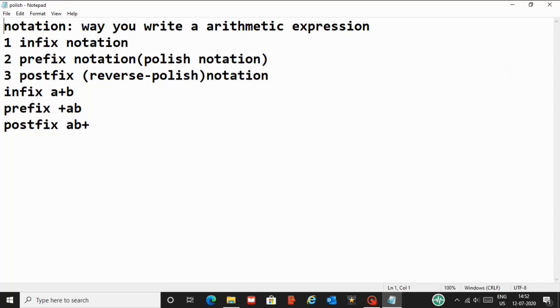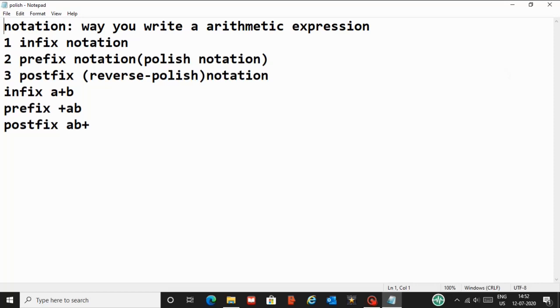So instead of evaluating an infix expression, it is converted into either a prefix form, that is the Polish notation, or a postfix form, that is reverse Polish notation, and it is easier to evaluate these on computing devices.